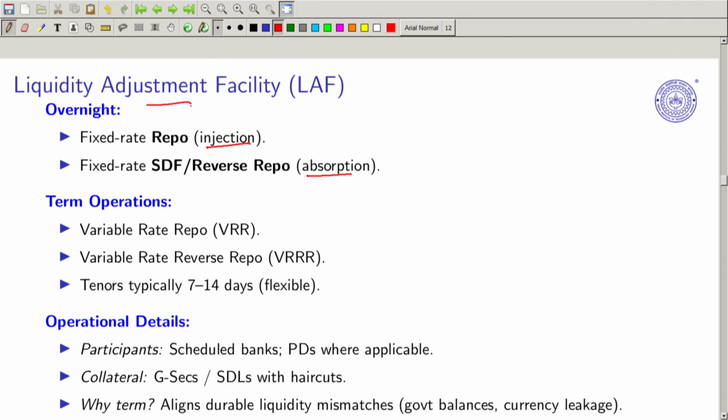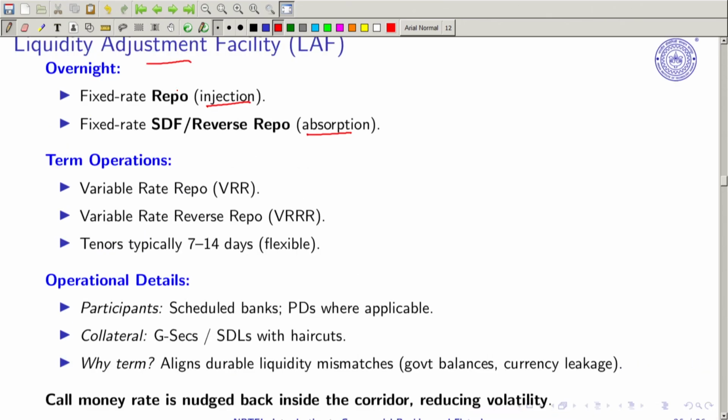Term operation is dealing with the duration, whether it is 7 days, 14 days. So, the tenure that we see normally ranges between 7 to 14 days, and there are two types of channels. One is the variable repo rate and second is the variable rate reverse repo, so this is VRRR. Who all are allowed to participate? Here we have the operational details.